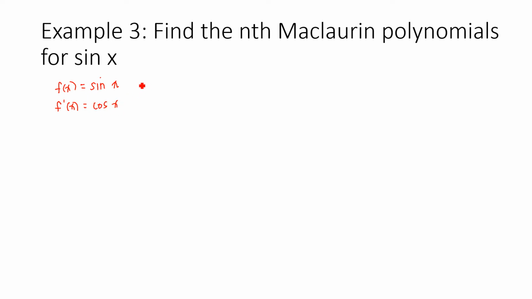Now if we substitute 0 into f of x, this is equal to 0. And then if the first derivative is evaluated at 0, this is equal to 1. The second derivative of f of x is equal to negative sine x.